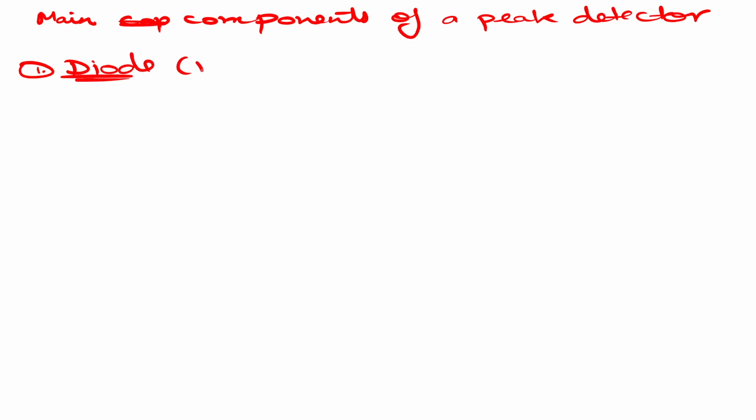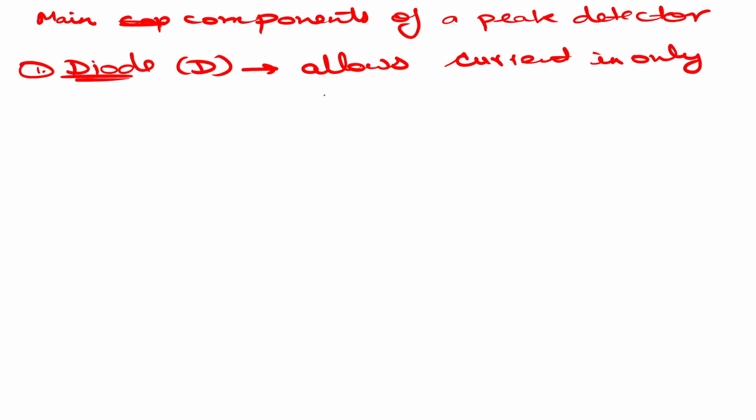We have denoted this as D in the circuit diagram. What this diode does is allow current in only one direction. Current flows through a diode if it is in forward biasing.